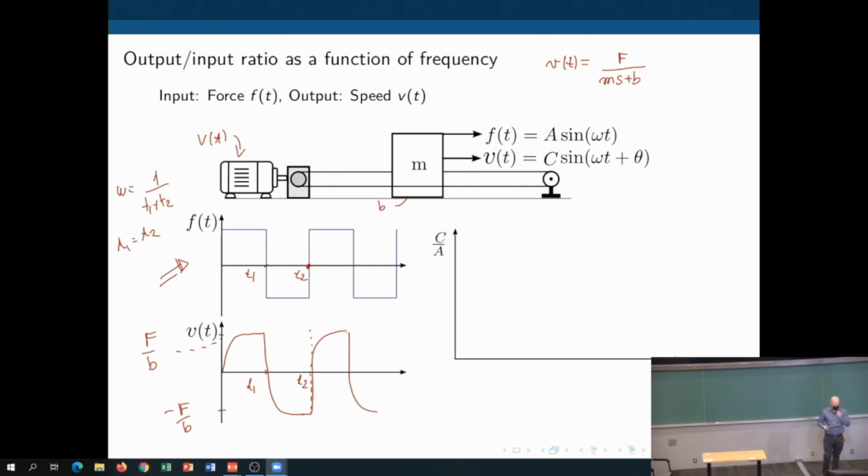Right. So we gave this system a particular input frequency, which is 1 over T1 plus T2. The maximum value we got in the output was F over B. We can now take this information and plot that in a separate graph. In this graph, now the y-axis is the ratio between the input and the output, and the x-axis is the frequency of excitation, the frequency of this signal, 1 over T1 plus T2.